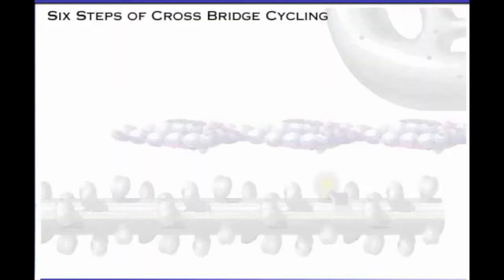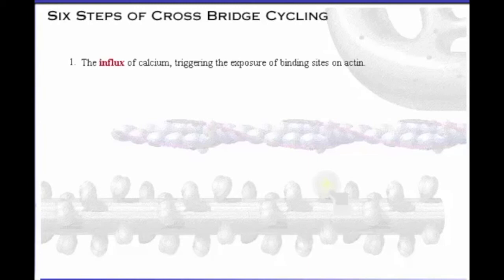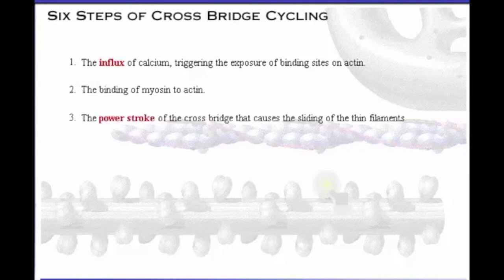As you've just seen, cross-bridge cycling is a continuous event. For the purposes of easier understanding, however, let's break it down into 6 separate steps. 1. The influx of calcium triggering the exposure of binding sites on actin. 2. The binding of myosin to actin. 3. The power stroke of the cross-bridge that causes the sliding of the thin filaments. 4.